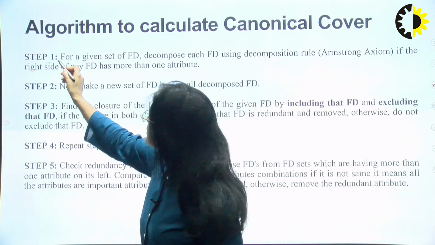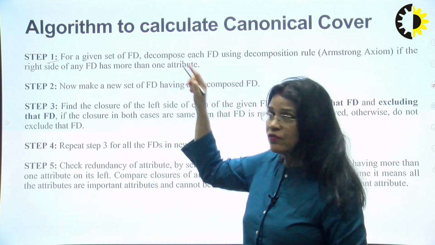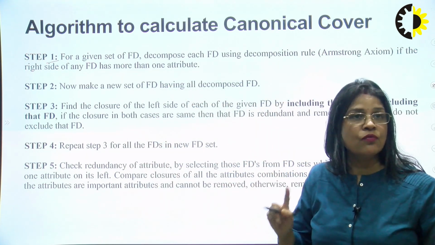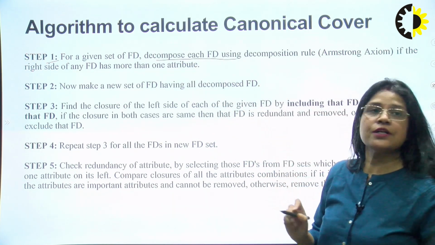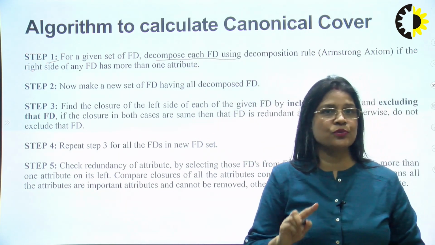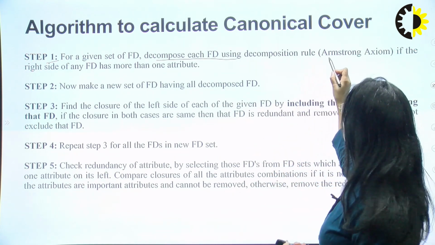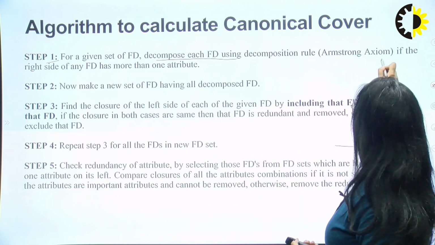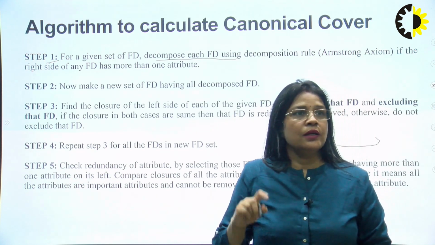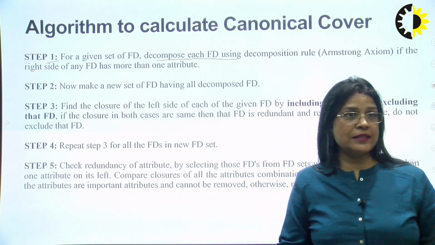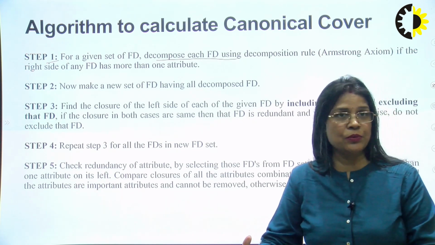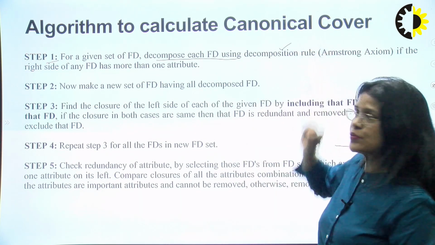In the first step, for a given functional dependency set, we need to decompose each functional dependency using the decomposition rule. We have already studied the Armstrong axioms. If the right side of any functional dependency has more than one attribute, then we need to decompose it.